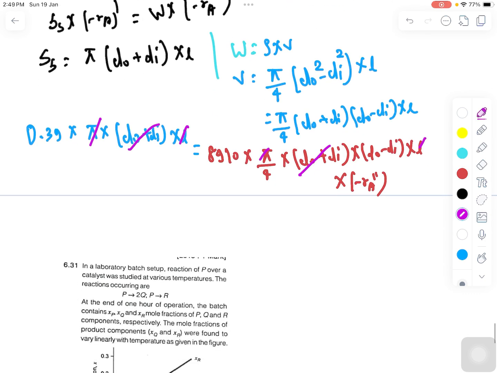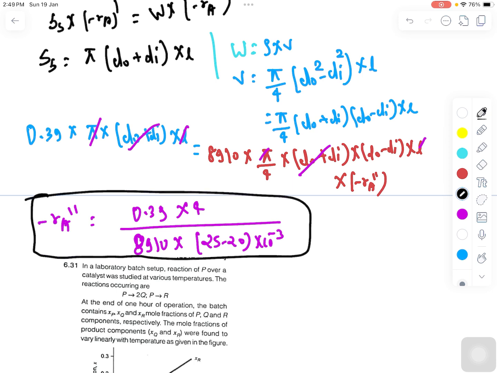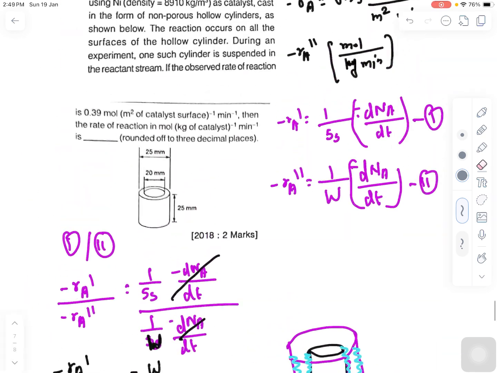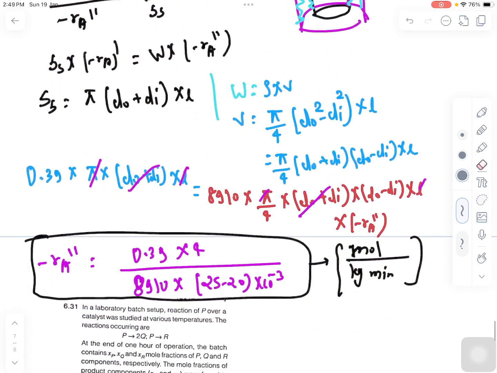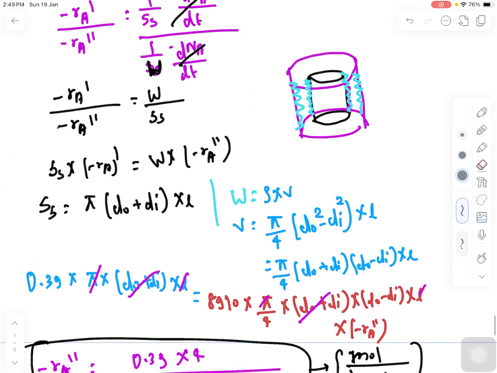So finally minus RA double dash can be written as 0.39 multiplied with 4 divided by 8910 multiplied with d outer minus d inner, which is 25 minus 20, into 10 to the power minus 3. Once you calculate this, you will get the answer, and the unit will be mole per kg per minute. Is that clear? So this is how you can calculate this kind of problem. This is just a geometry-based question and nothing else.